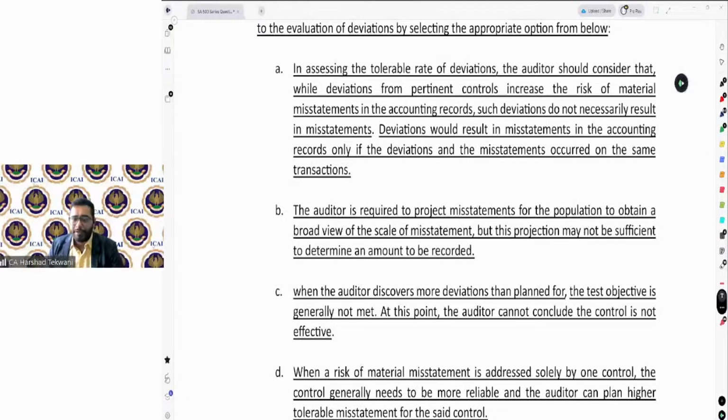Come on, guys. I'm waiting for your answer. What do you think is the correct option in the current case?